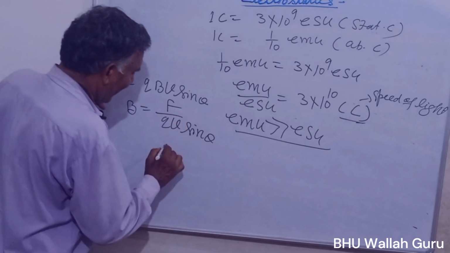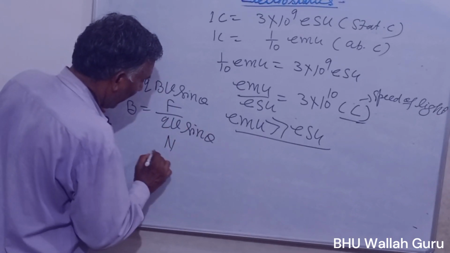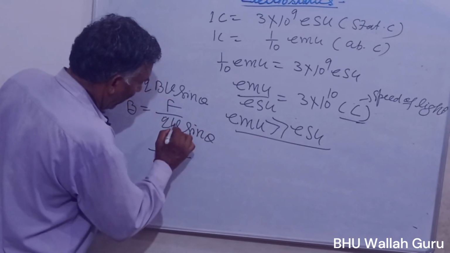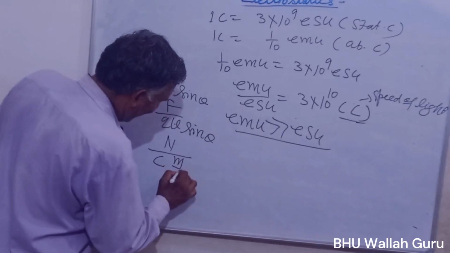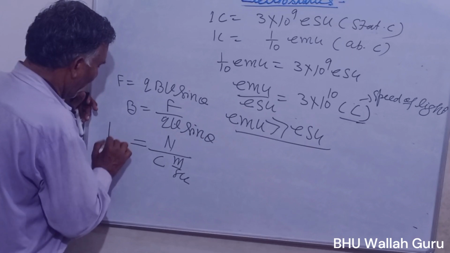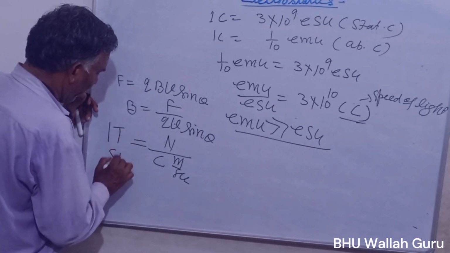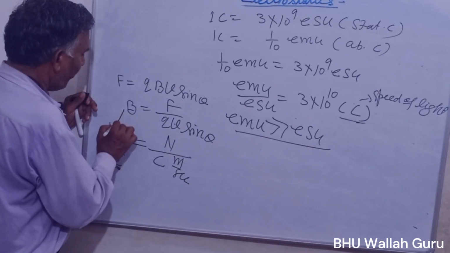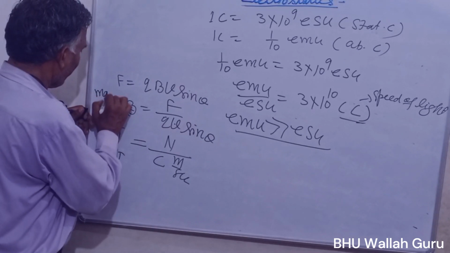If force is in Newton, charge in Coulomb, and speed in meter per second, then the unit is 1 Tesla. It is the SI unit of magnetic field.